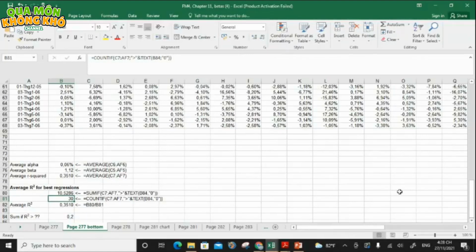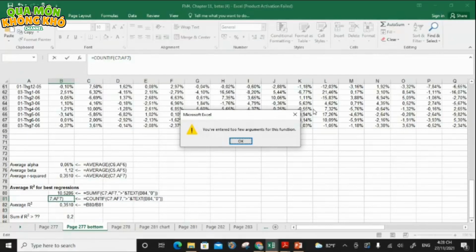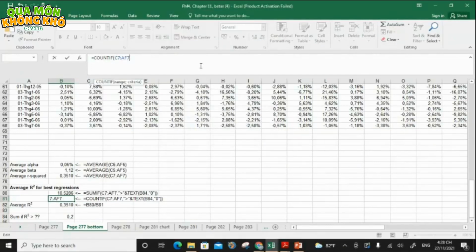You just click the COUNTIF to see how the function works. You put your mouse on the COUNTIF and it has an underline.